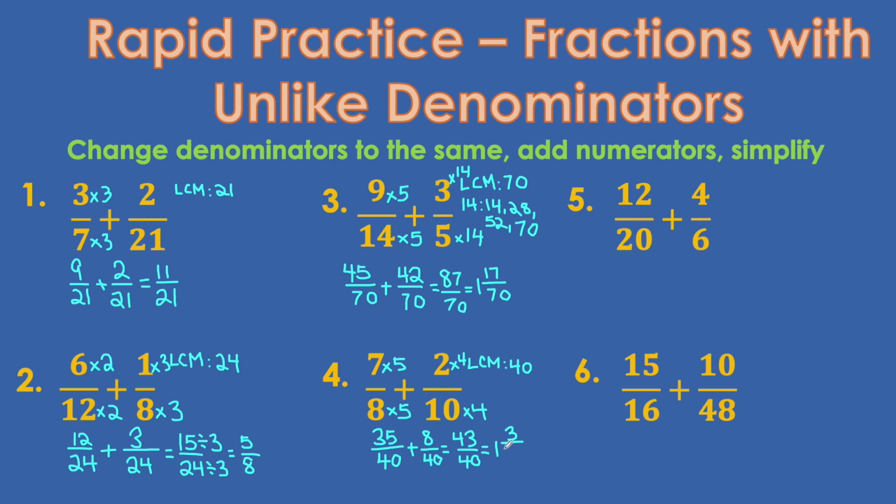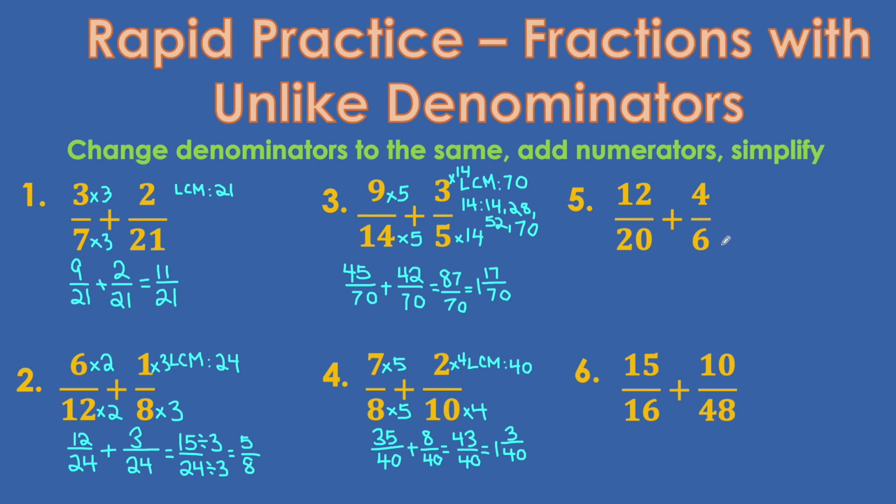Keep the denominator the same. And that is our final answer, because 3 cannot go into 40. So we have 1 and 3/40.